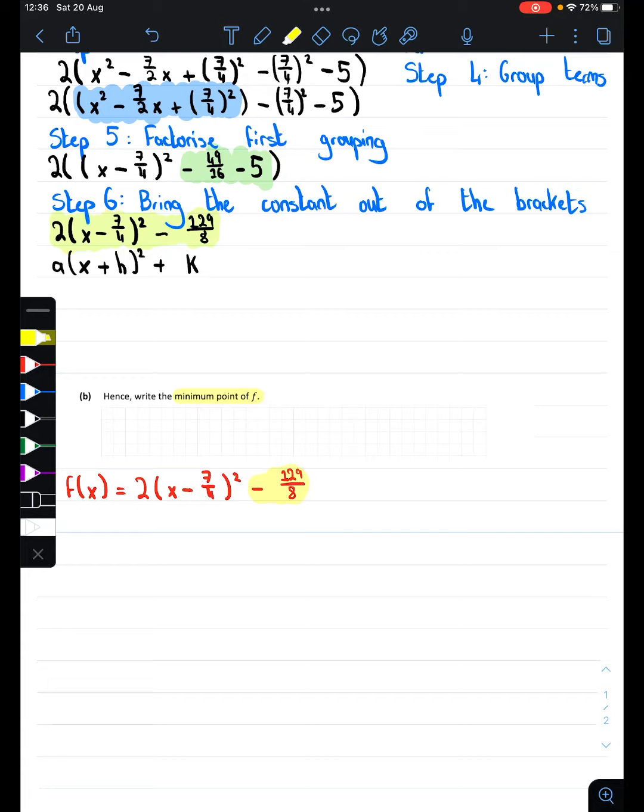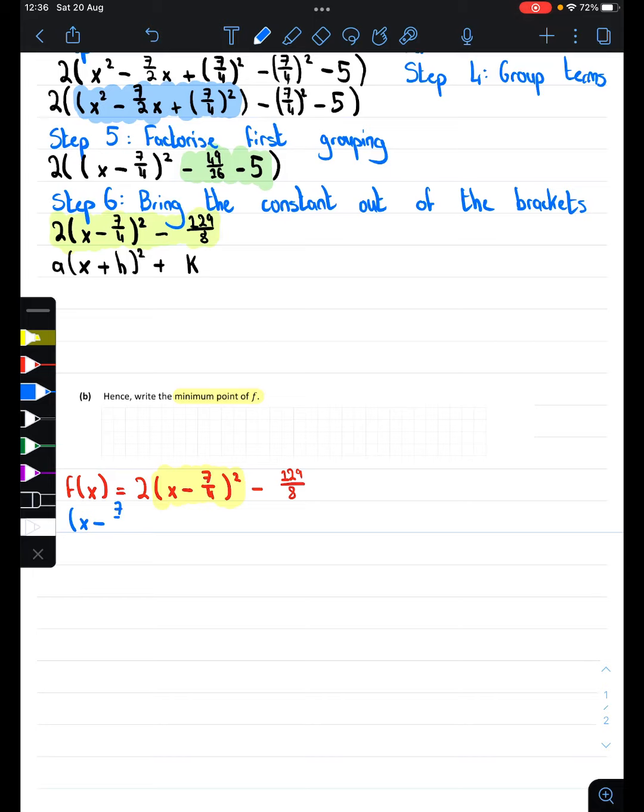There's always going to be a minus 129 over 8 in this function. But we can do something to minimize this. The only thing we can minimize in f of x is the term (x minus 7 over 4) squared.